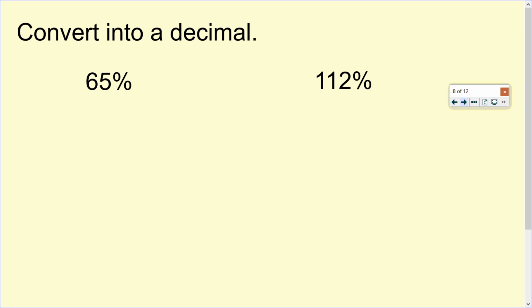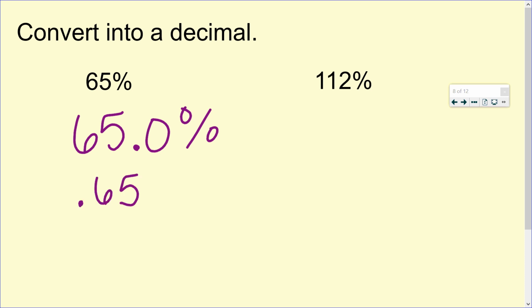All right, convert to a decimal. So how do I go backwards? Take it 2 places to the left. So right now, if I have 65%, it's 65.0% technically. If you're not sure where the decimal is, it's right there. So I want to move it 2 spaces to the left, so it would become 0.65. And if you want to throw a 0 at the end of it, go for it.